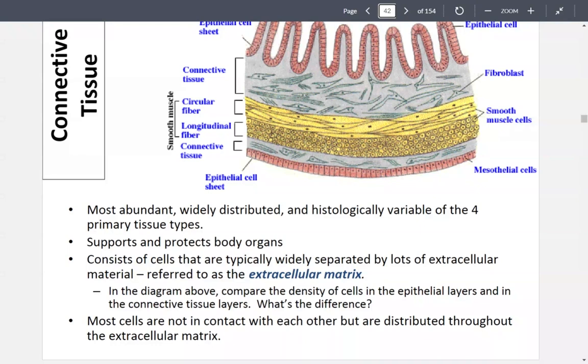An extracellular matrix is the material found outside of the cells. And the cells themselves, as well as the fibers, are distributed throughout this extracellular matrix and not in close contact with each other like we would find with the epithelial tissues.